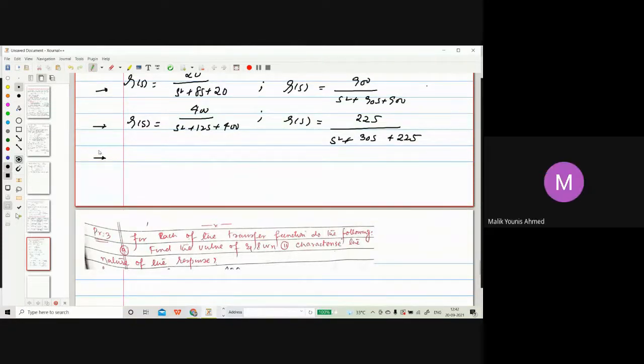Then one more, g of s is 625 divided by s square plus 625.